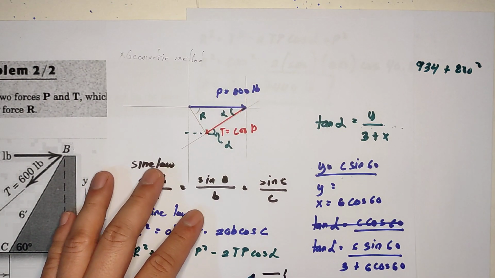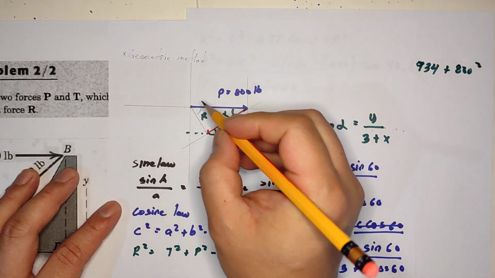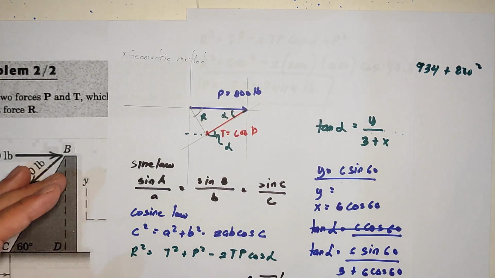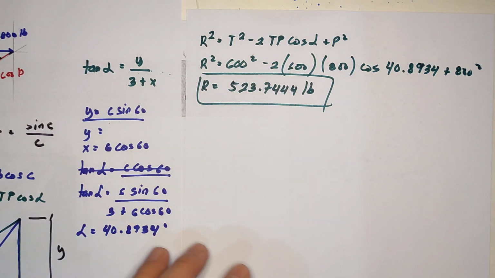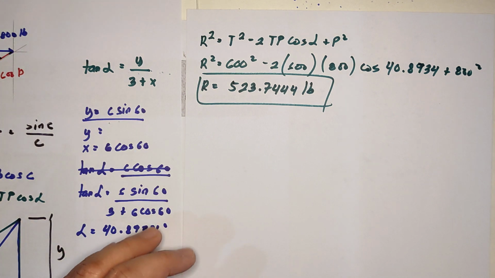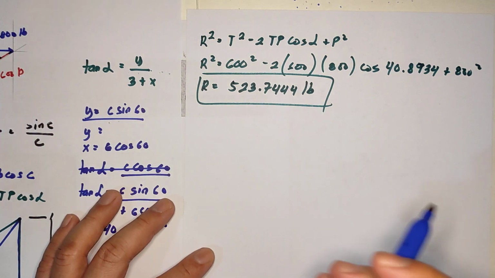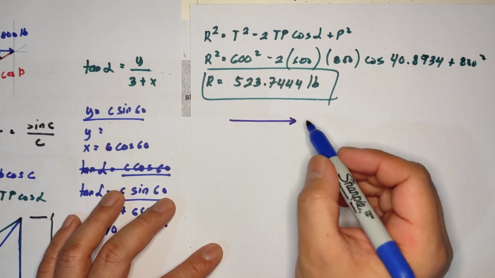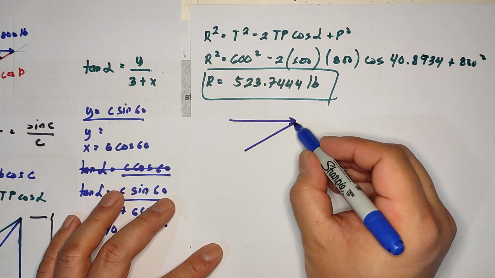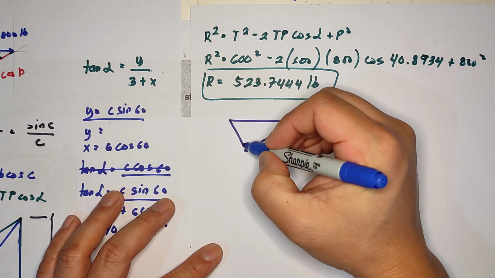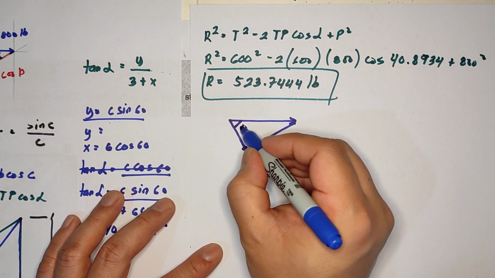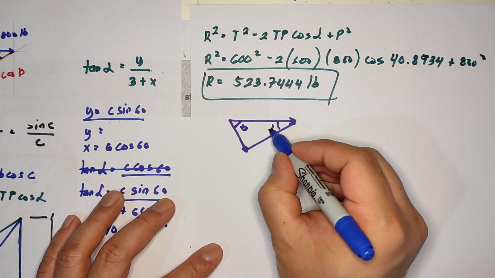Now, you have to also determine this angle. So you have here, this one is the p and this is the t, and this is the r, and let's call that theta, and let's call this alpha.